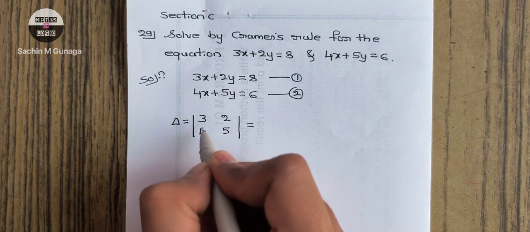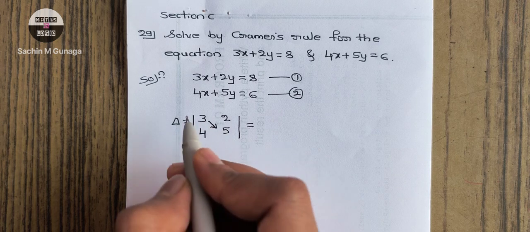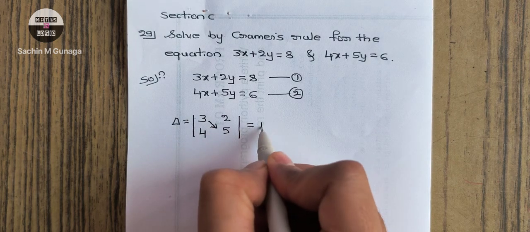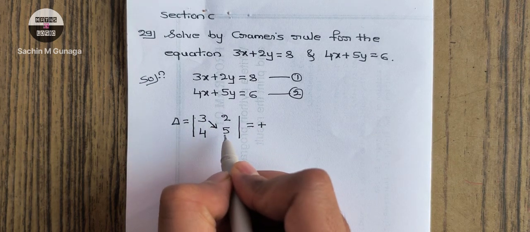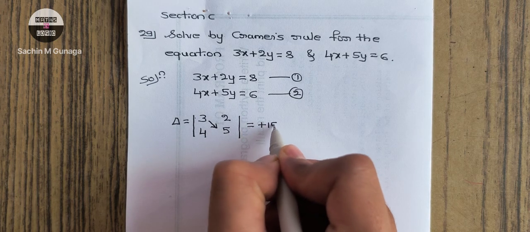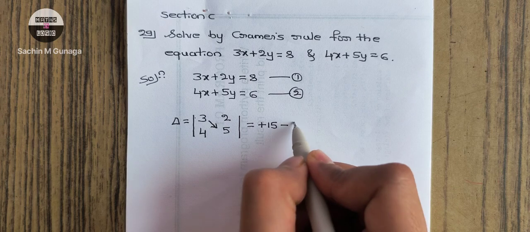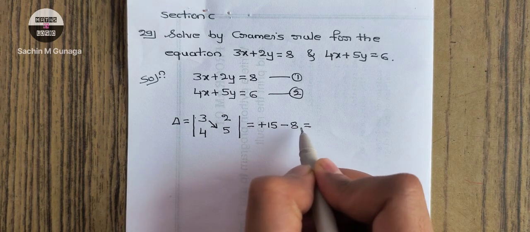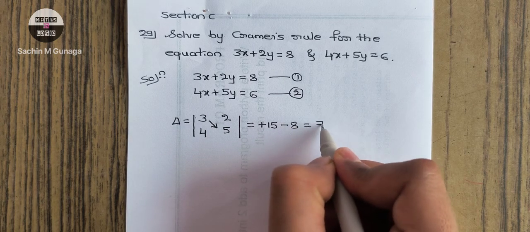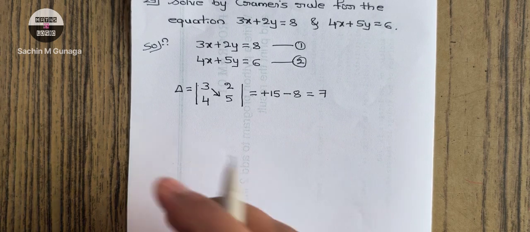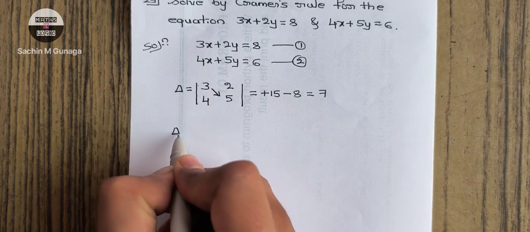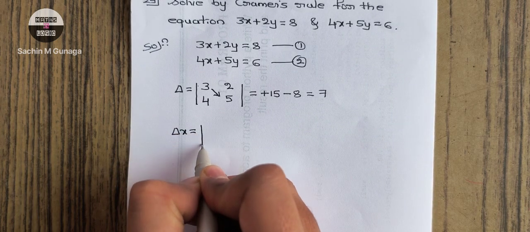Next, apply the second order determinant rule. That is plus into plus is plus, 3 into 5 is 15, the middle is always a minus sign, plus into plus is plus, 4 into 2 is 8. Therefore 15 minus 8 is 7. After finding delta, next we need to find the delta x value.